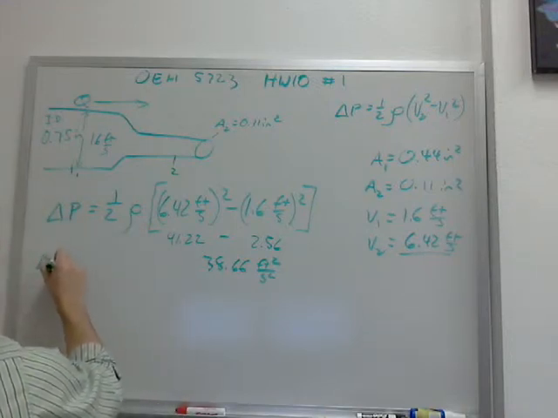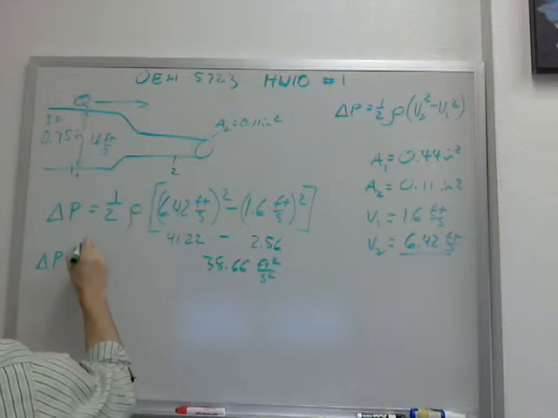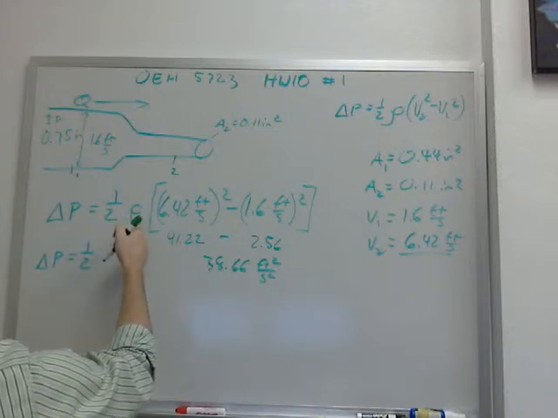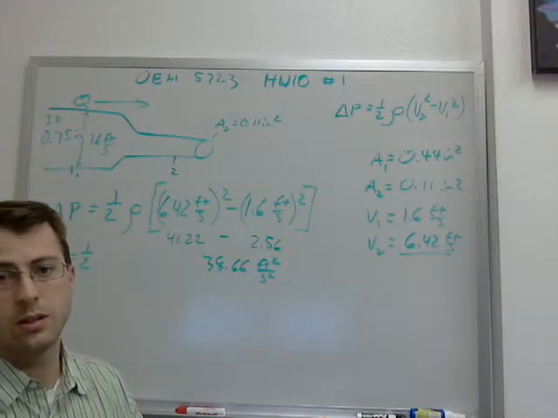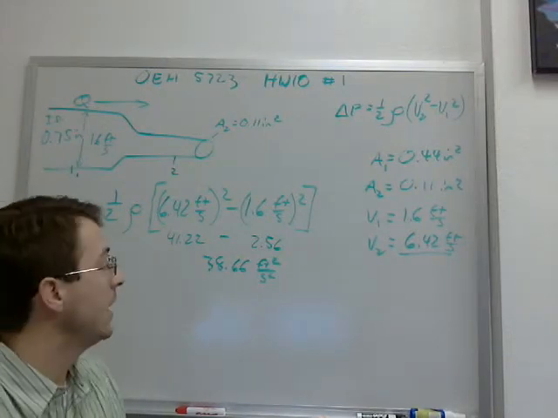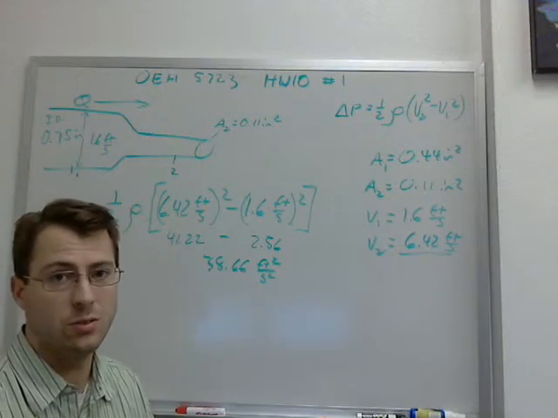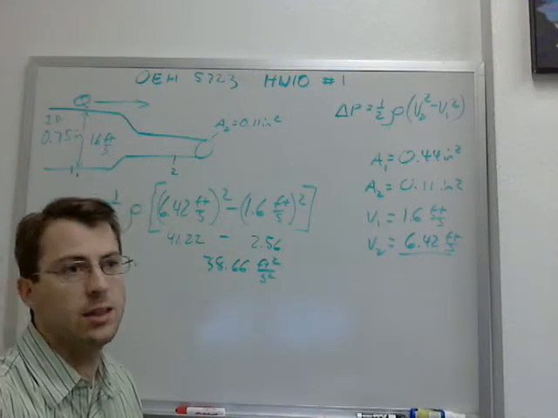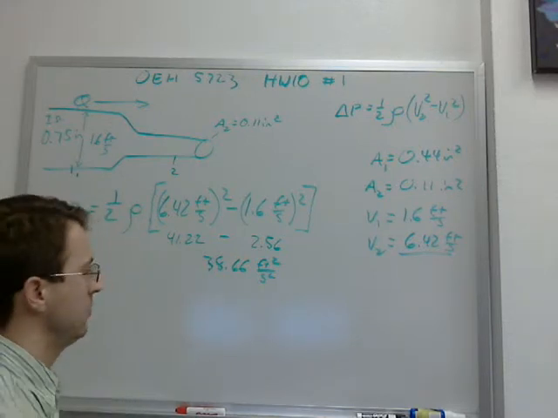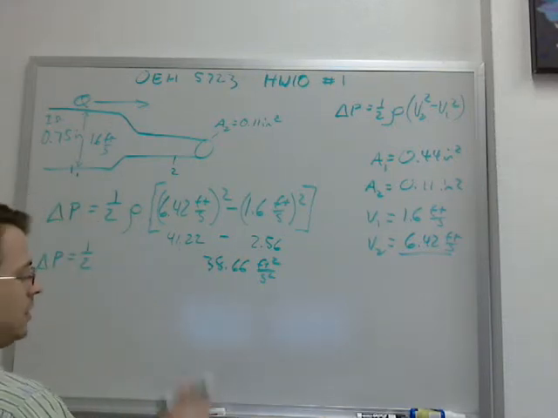So we have 1/2 times our density of water. I like to use SI units, and since we're going to be calculating in PSI, I just hate messing around with English units when it comes to pressure, unless everything's already in feet and square inches. I would just go ahead and convert over.